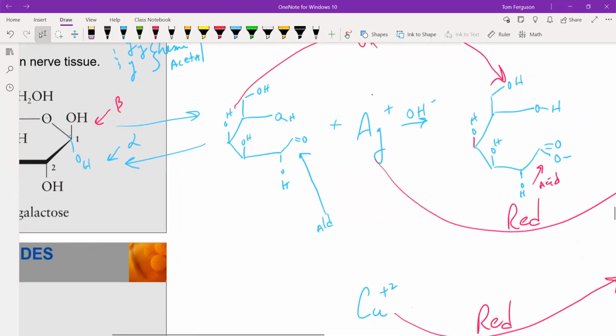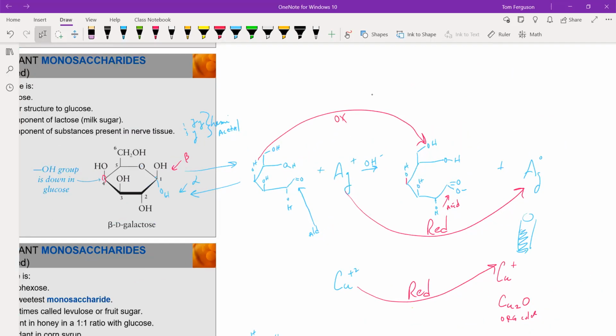So on a test, I would expect you to start with this, show it opening up, and then the oxidation and the reduction going on over here. And every one of them is the same. The hemiacetal can open up, goes to the aldehyde, boom, gets oxidized to the acid.